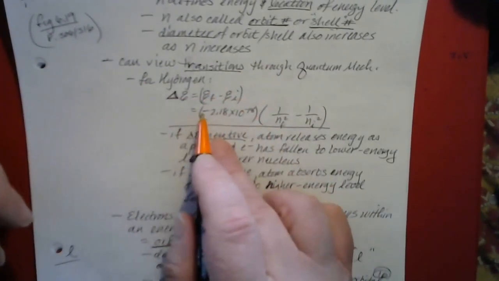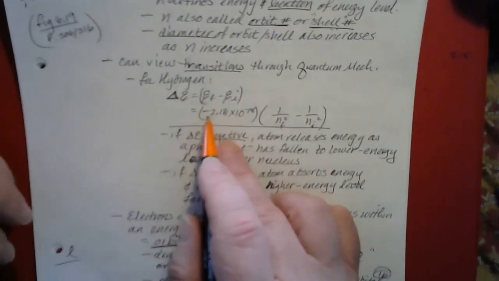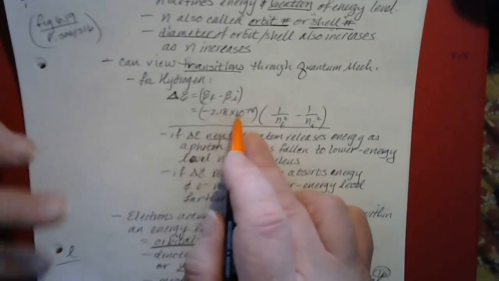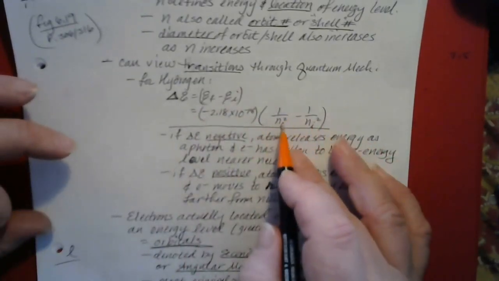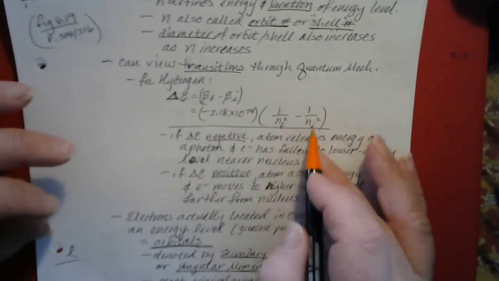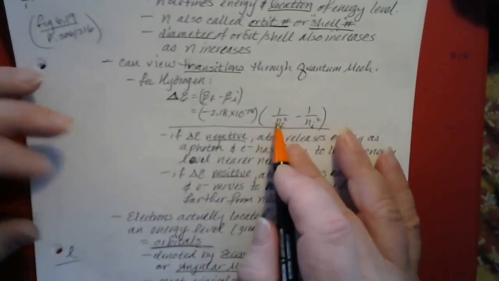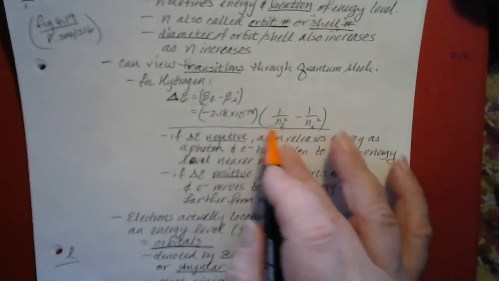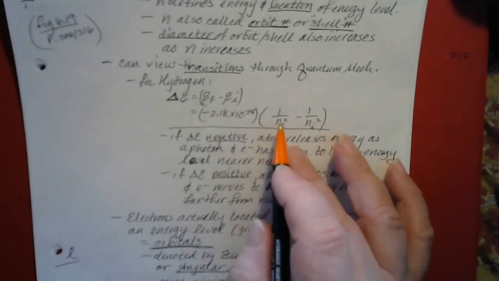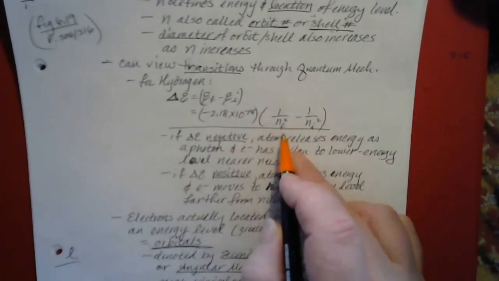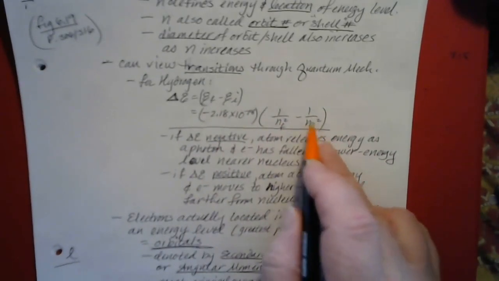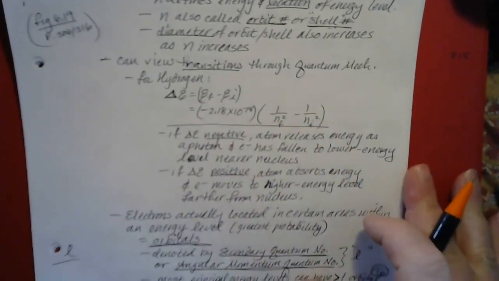Mathematically, that's given by the constant, negative 2.18 times 10 to the minus 18, times 1 over n final squared minus 1 over n initial squared, n being the principal quantum numbers or the shell numbers, with n final being the principal energy level where the electron ends up, and n initial being the principal energy level where the electron started out. And that will give you the energy of the transition.